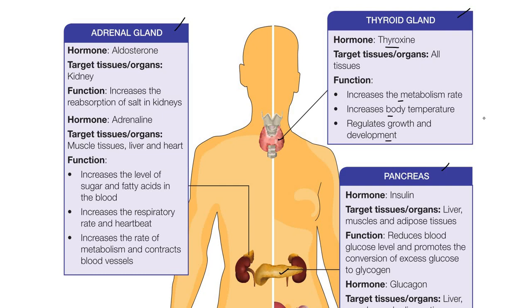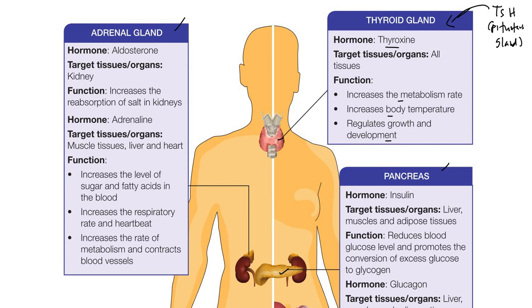For this thyroid gland, a special thing is that before it can secrete the hormone, it must be stimulated by the TSH, thyroid stimulating hormone, from the pituitary gland. So when the pituitary gland secretes this TSH, it will stimulate the thyroid gland to produce hormones.